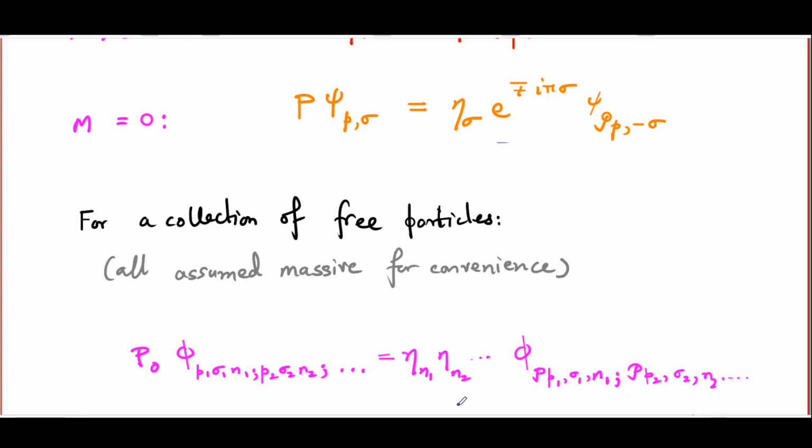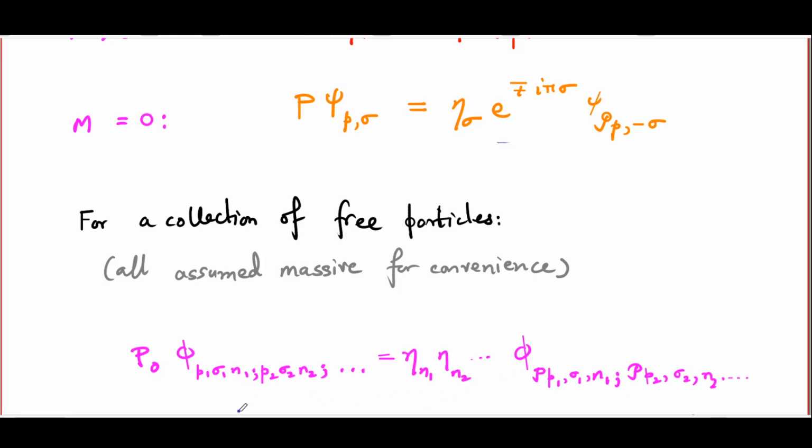And just as single particle states had picked up a phase factor, the intrinsic parity factor, eta, now you have one eta for each particle species and of course labeled by the particle species numbers n1, n2 and so on.